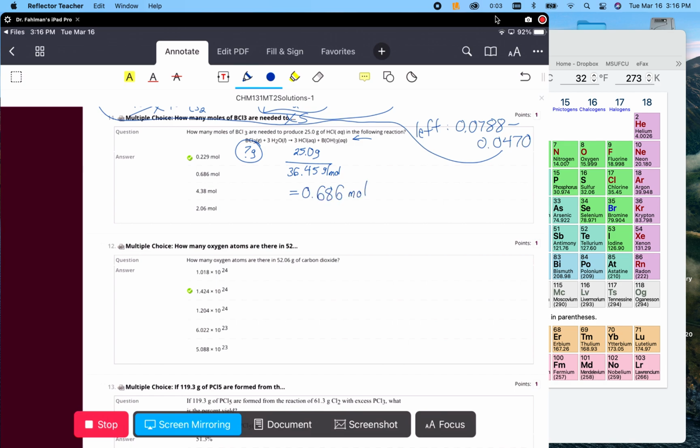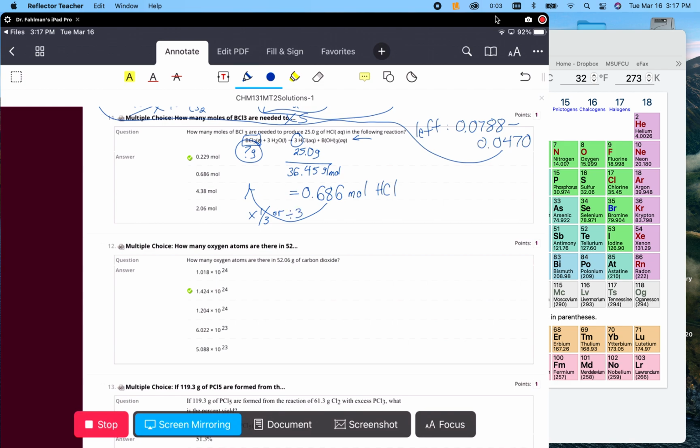is 0.686 moles of HCl. Okay, and so we are interested in moles of boron trichloride. And so for this, we have to multiply by 1, divide by 3. Or you multiply by 1/3, or you divide by 3.